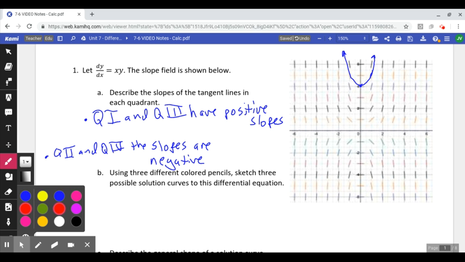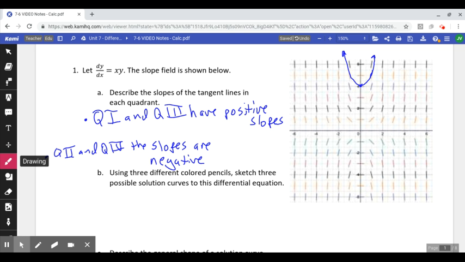I'm going to choose a different color now, and we'll go with another possible solution curve. You can pick whatever point you want. I'm just arbitrarily going to pick this point right here, and we're going to try to draw a curve that matches all of those tangent lines as well.